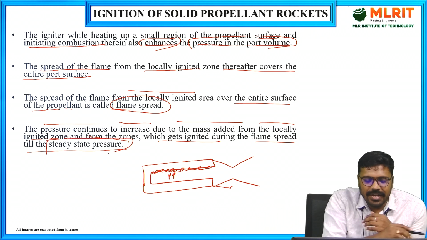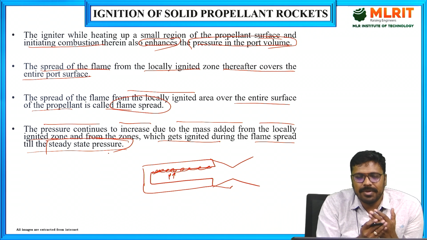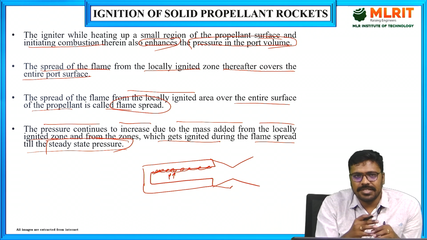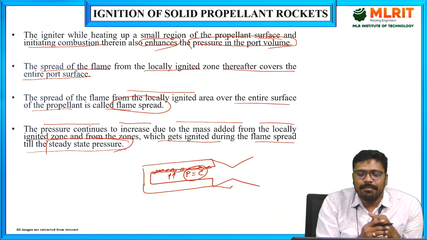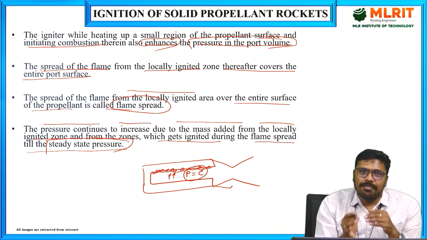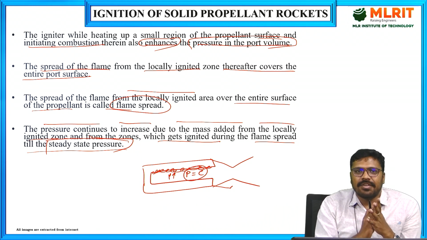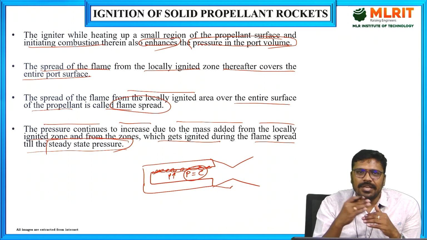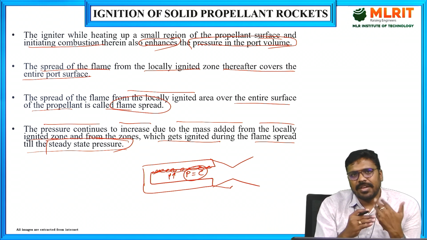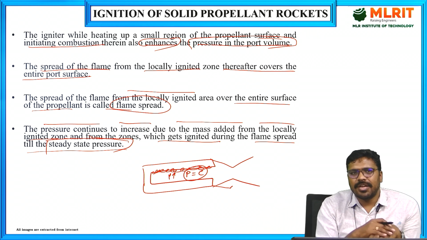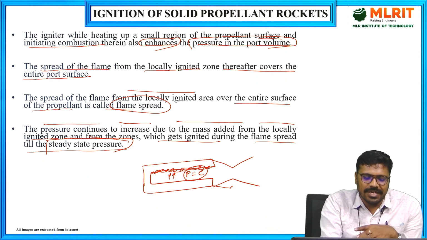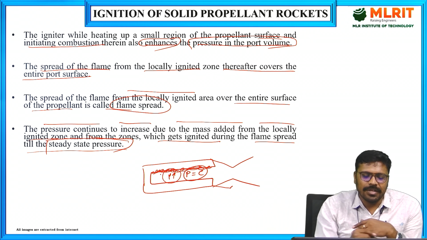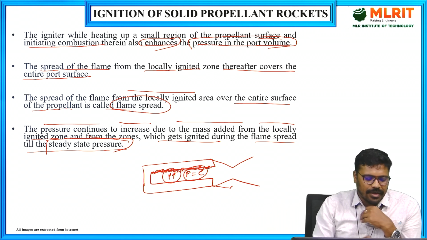The required pressure develops in the chamber, and after that a constant pressure will be maintained in the combustion chamber based upon the grain configuration. In some grain configurations, the pressure increases continuously for progressive burning, and in regressive burning the pressure decreases. Based upon the requirement, the steady state pressure will be maintained in the combustion chamber of a propellant grain.